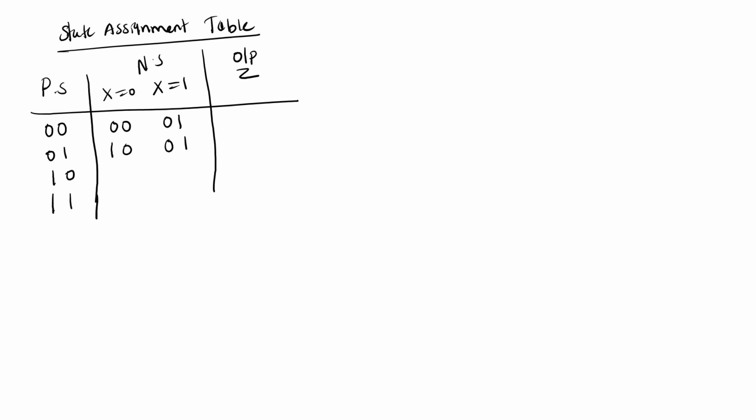At S2, x equal to 0, it will go to S naught, and x equal to 1, it will go to S3. At S3, x equal to 0, it will go to S2, 1 0, and x equal to 1, it will go to S1, 0 1. And the output is 0 0 0 1.